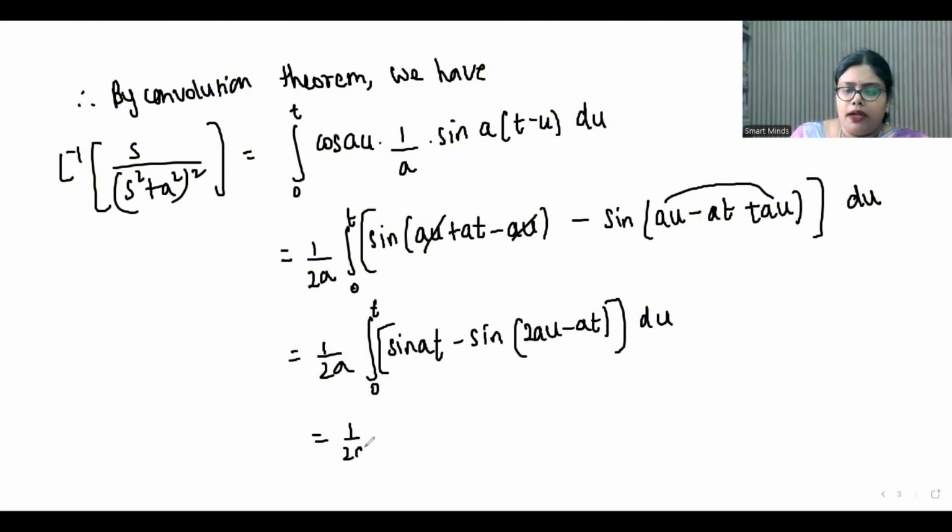That is 1 by 2a into, now we will write this as sin at into u plus 1 by 2a cos 2au minus at from 0 to t.